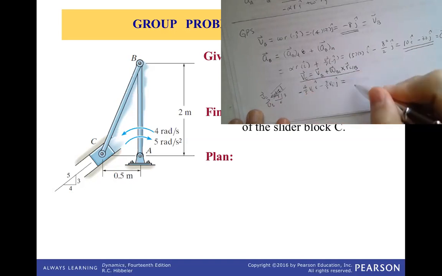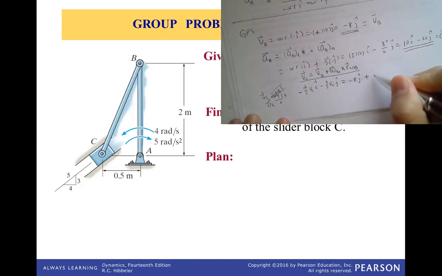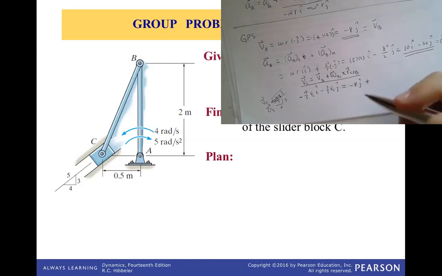So this is the left-hand side. VB is minus AJ, plus the omega term.